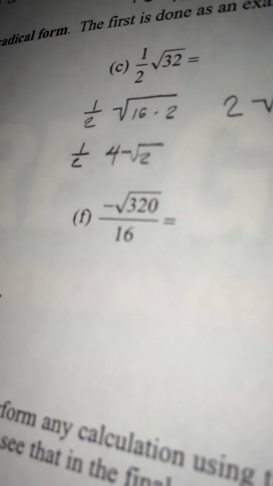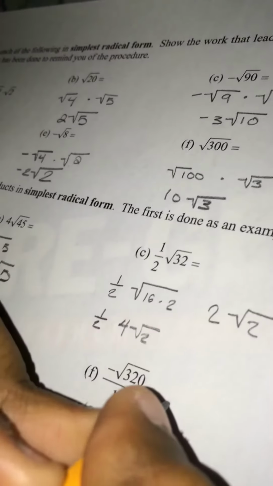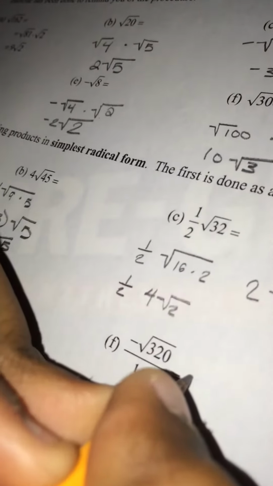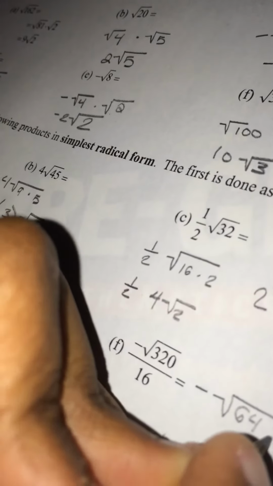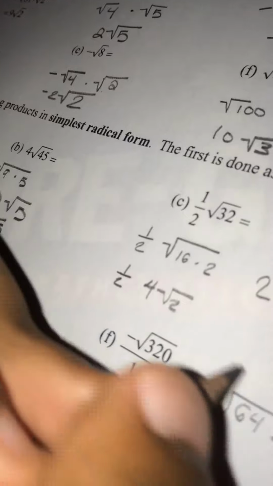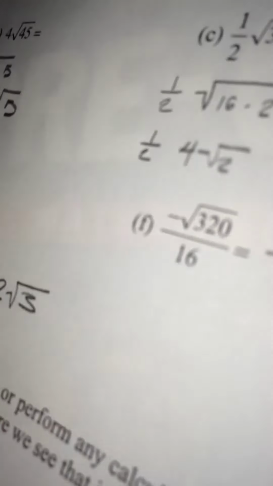Anyway, last but not least, F, negative square root 320 divided by 16. Likewise, as E, you could do, let's see, oh, I got one. You could do negative square root 64 times 5, over 16. See, that's why, the jitters.